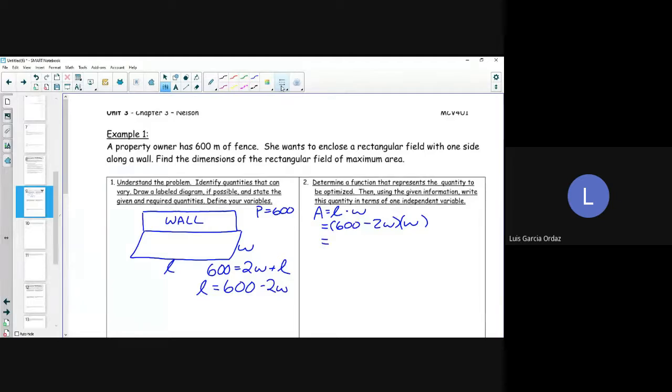So my area is going to be 600w minus 2w squared. So all we're doing is using the information that we're given and coming up with a quadratic function for the area of the rectangle.